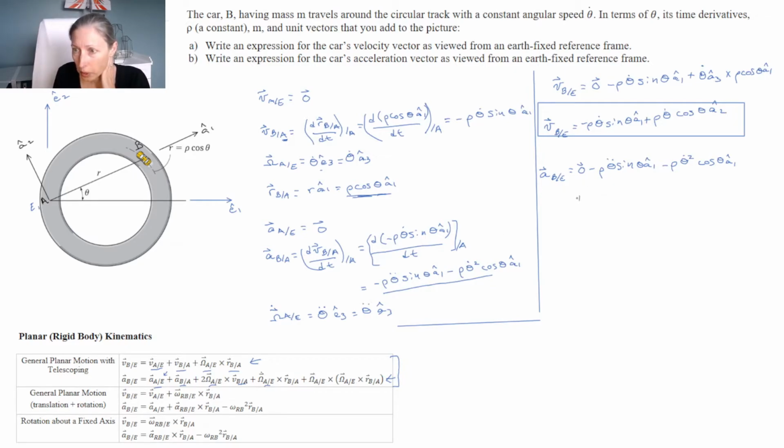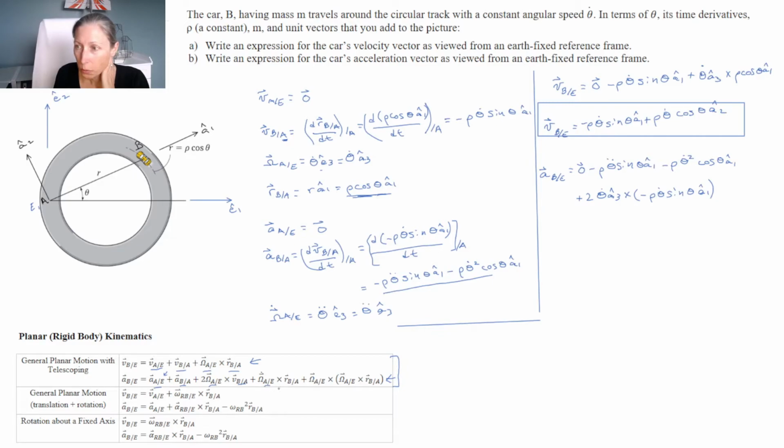So plus 2 omega of A with respect to E, so that is theta dot A3, and I'm going to use the A unit vectors again. So theta dot A3 cross the velocity of B with respect to A, and this is going to be negative rho theta dot sine theta A1, yeah?